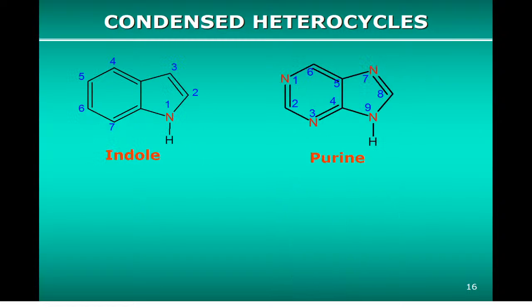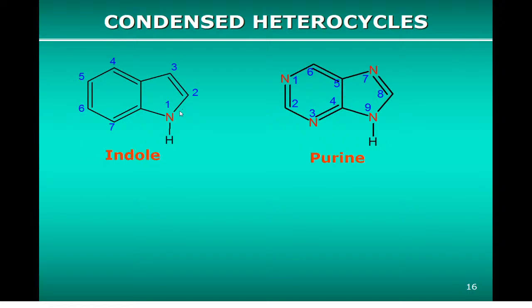What about condensed cycles? There are a huge number of them possible to find, but the most common are indole and purine. So what about them? For indole, the numbering is the IUPAC way. There is only one nitrogen here, the heteroatom, pyrrole nitrogen atom, and that's why we start numbering from it. Then we number the 5-membered ring.